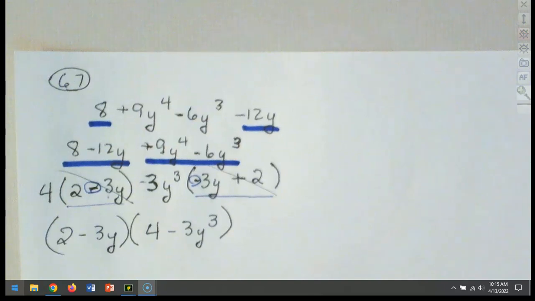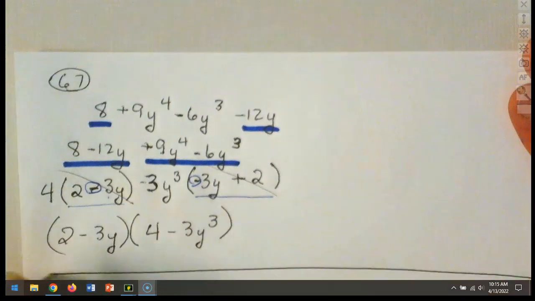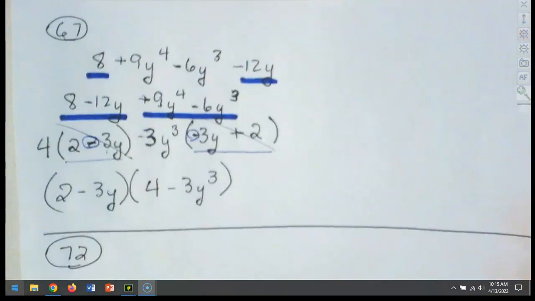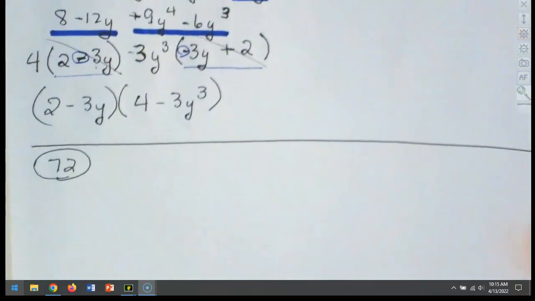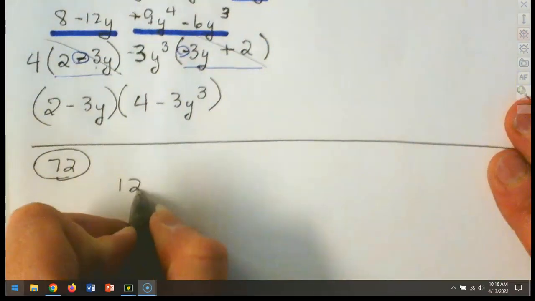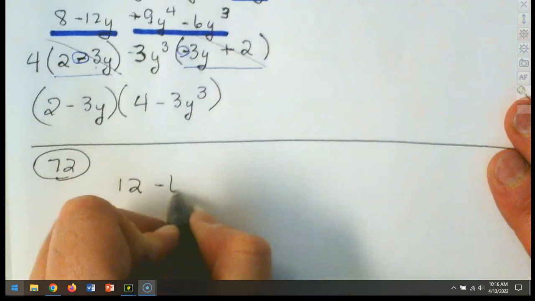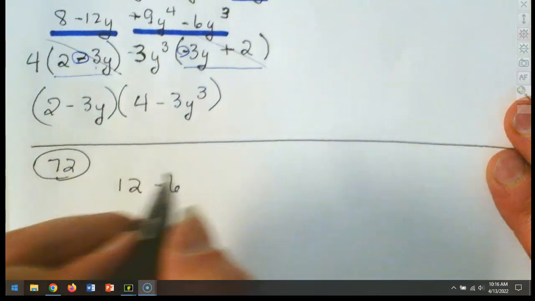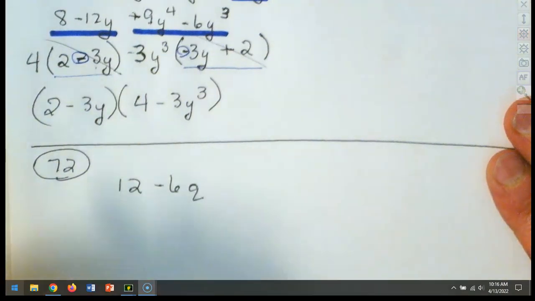Question 72, we're going to have to factor out something at the very, very beginning. Remember, we always want to check and make sure that nothing comes out at the very, very beginning. All the others, we haven't had to worry much about it yet. But this one, we've got to factor out something at the very beginning.